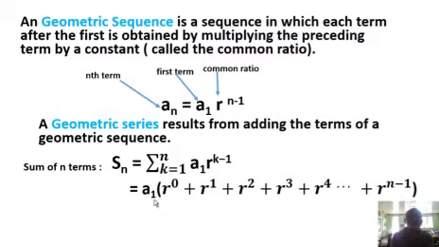Or if we take the terms of this series, a sub 1, if k is 1, 1 minus 1 is 0, so that becomes r to the 0, plus if k is 2, 2 minus 1 is 1, r to the first. If k is 3, 3 minus 1 is 2, and so on and so forth, up to the nth term, r to the n minus 1.